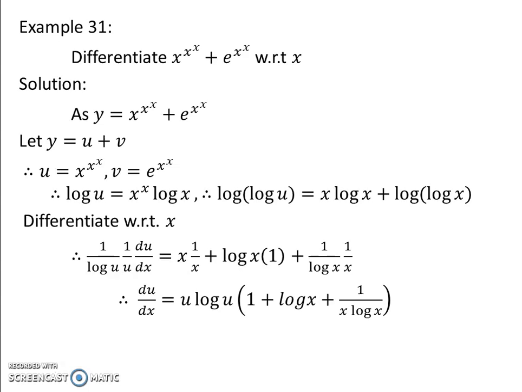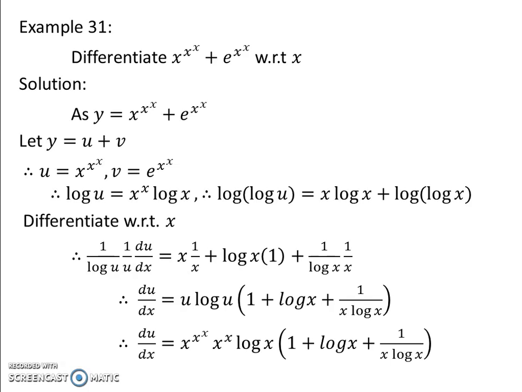So simplifying this, du by dx will be u log u into bracket 1 plus log x plus 1 upon x log x. So the value of u is x raised to x raised to x, the value of log u is x raised to x into log x. Substituting that, we get du by dx equal to x raised to x raised to x into x raised to x into log x into 1 plus log x plus 1 upon x log x.